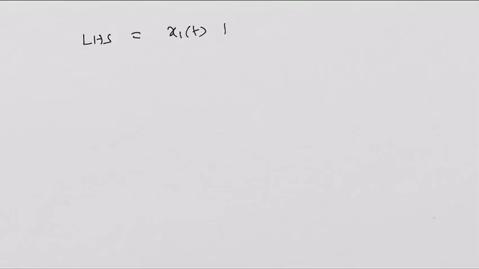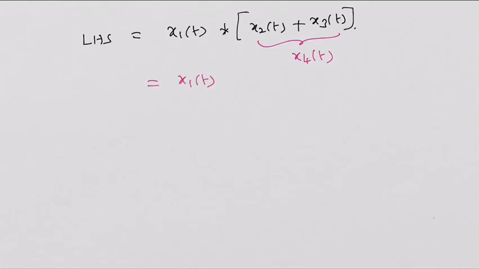x1 of t is convolved with x2 of t plus x3 of t, isn't it? I'll put it this way. Let me call the sum of these two x4 of t. So I can say that this is x1 of t convolved with x4 of t, and according to the formula, this will be the integral over m from minus infinity to plus infinity of x1 of m into x4 of t minus m dm.